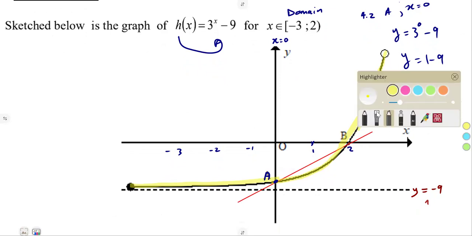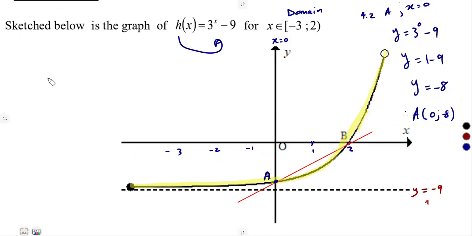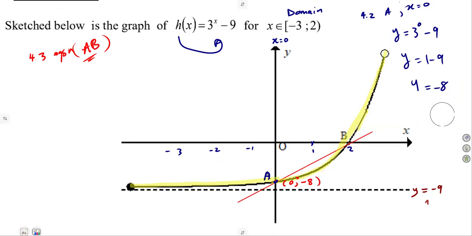So what can we use to determine this equation? We need the equation of the line AB. A being the y-intercept, we have this point (0; -8) as we calculated before.